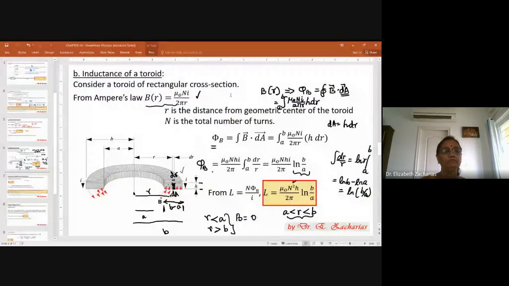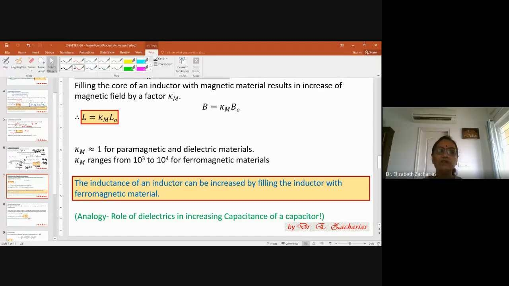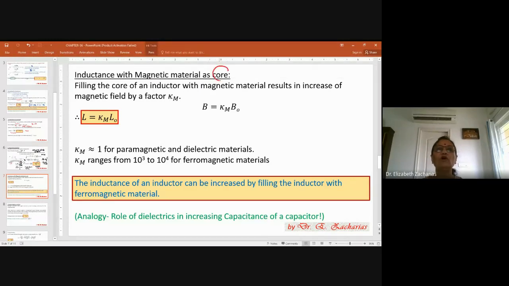Now, till now we discussed inductors which are hollow inside, air-filled inductors. Now we'll fill it with a core. This is analogous to what we have seen in capacitors. First you studied an empty capacitor, after that you filled the space inside with a dielectric slab.